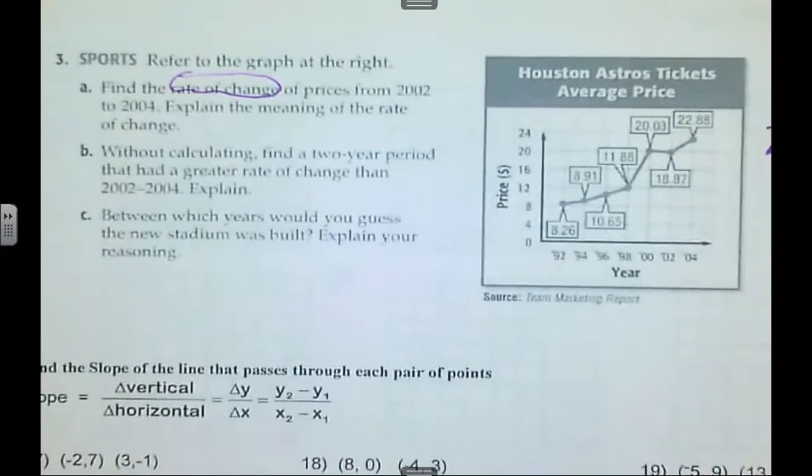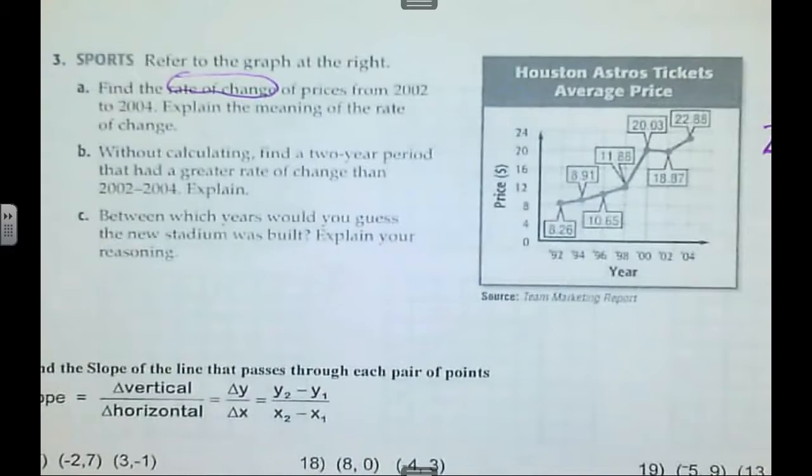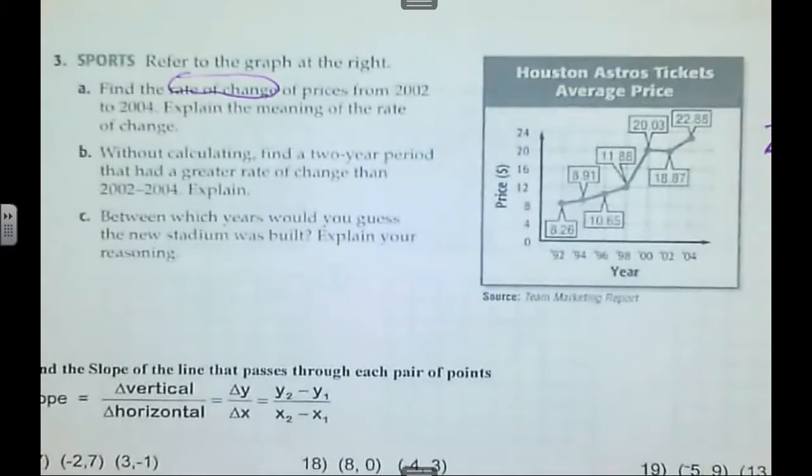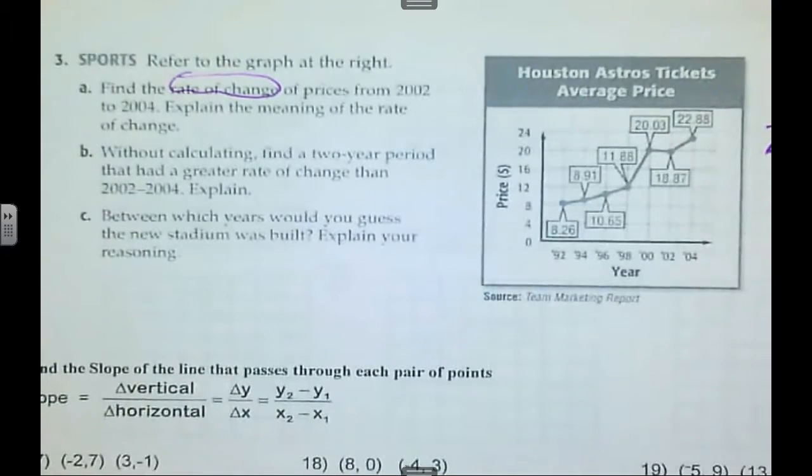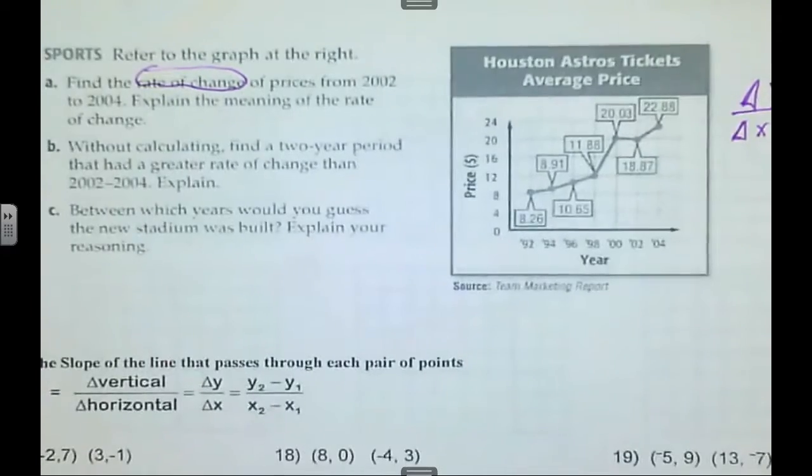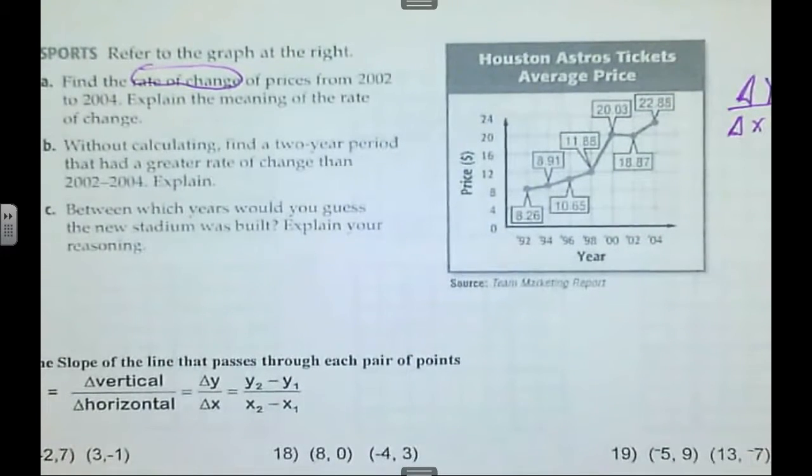My change in x is what? 2002 to 2004. What am I changing? How much? 2, right? You should be able to do that in your head. Okay, the rate you're changing is 2 years for my x, 2002 to 2004.